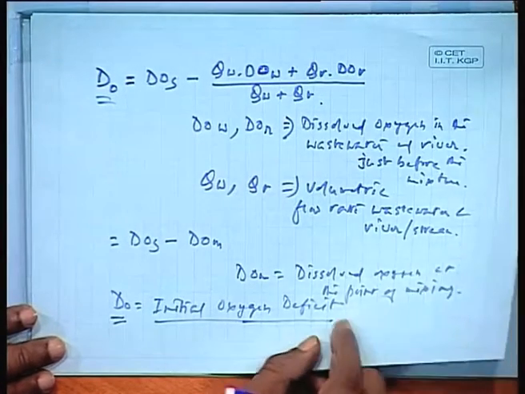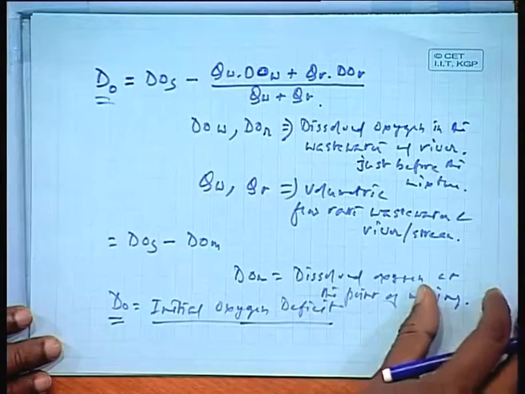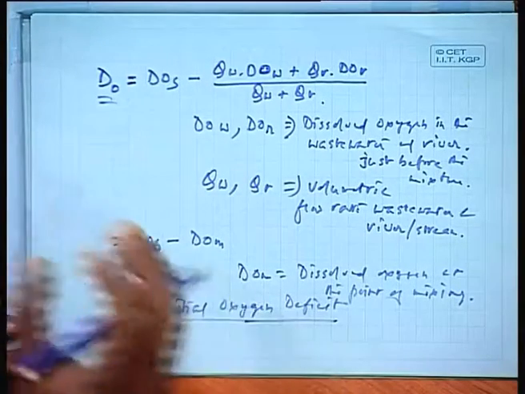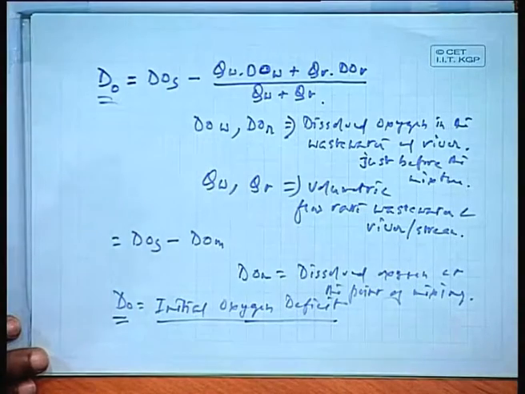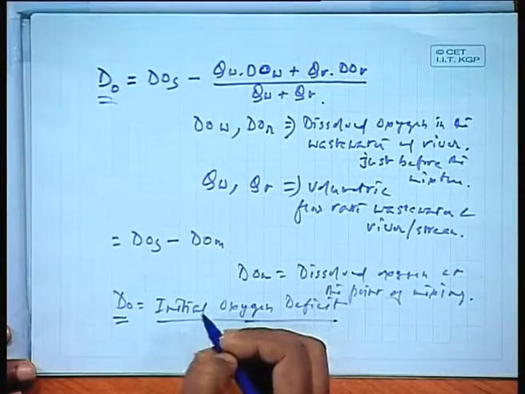The reason is that the deficit through time and distance in the stream from the point of mixture would essentially depend on the initial oxygen deficit and the BOD of the mixed wastewater and river water combined, and also depend on the rate of change.